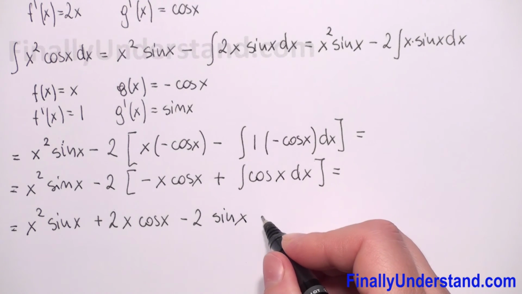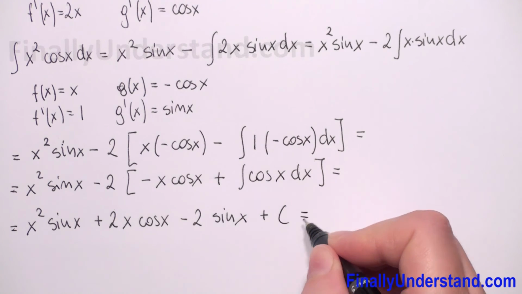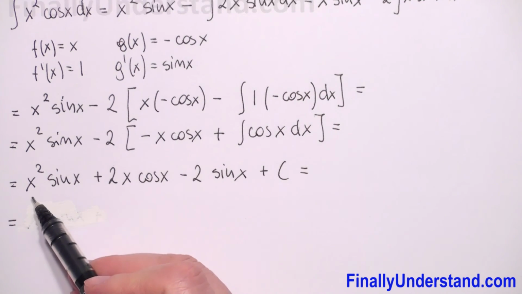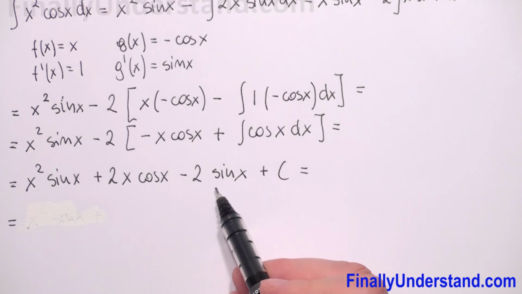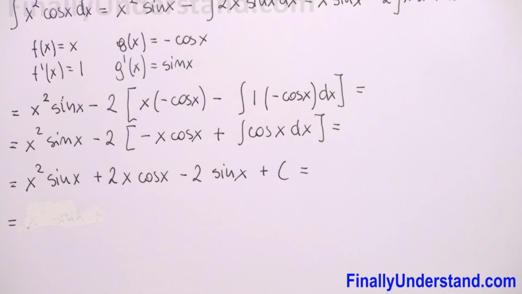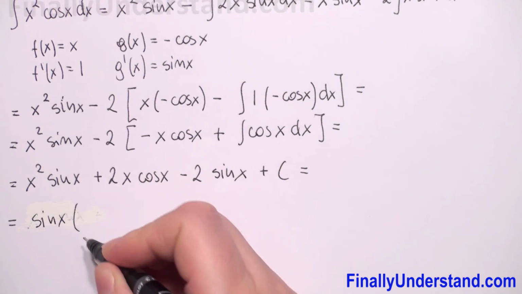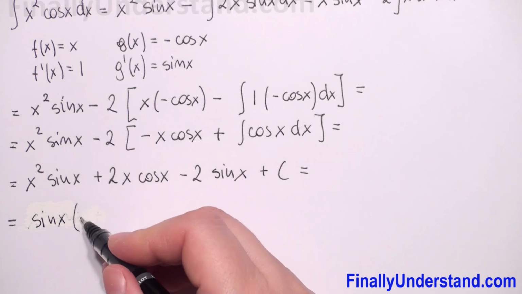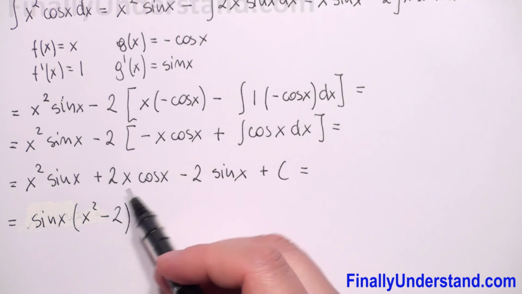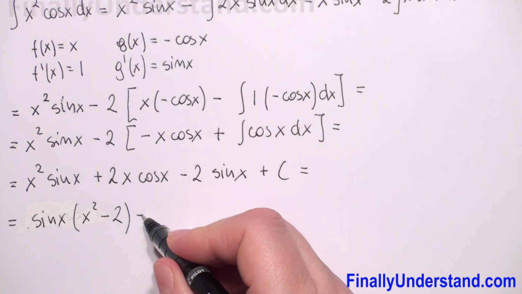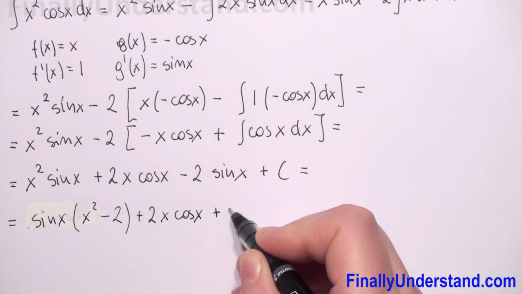And of course we have to add a constant because we have an indefinite integral. So this is equal to x squared sine of x and negative 2 times sine of x. So we can factorize sine of x, and we will have x squared minus 2, plus 2x cosine of x plus constant c.